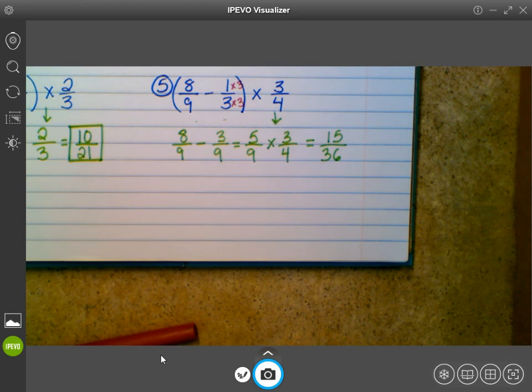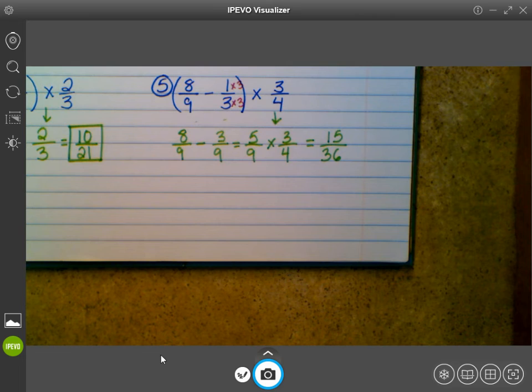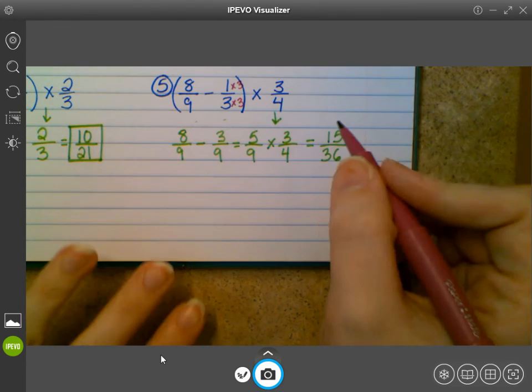Fifth grade, can I simplify 15/36? Yes, you can. By 3. I didn't ask you by what yet. I can simplify. I can divide both 15 and 36 by 3. Yeah.